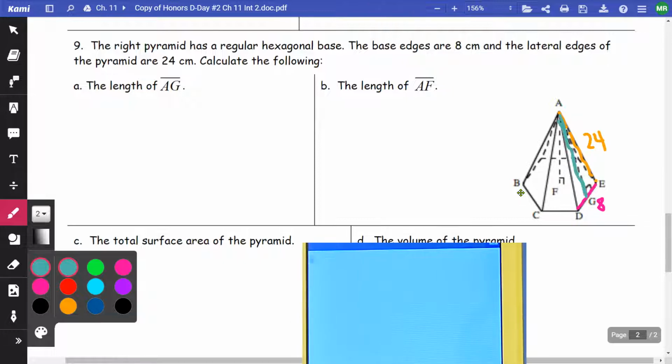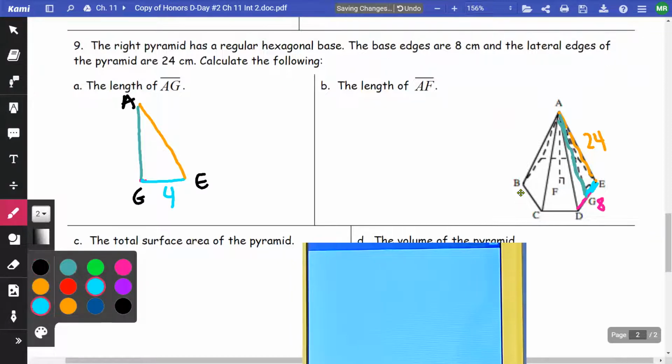So what happens is I have a right triangle. And here, I'm going to make this blue because I have just that portion. So this is my A, this is my E, this is my G. I know that G to E is 4.